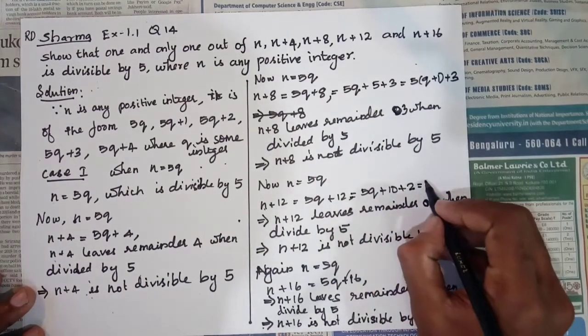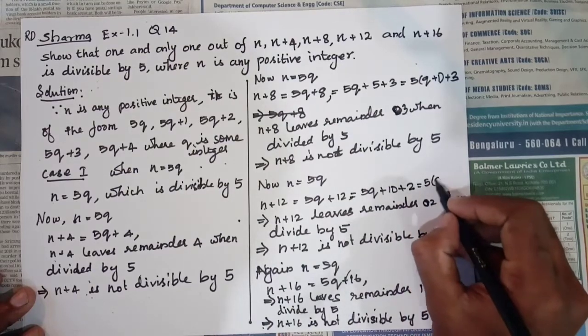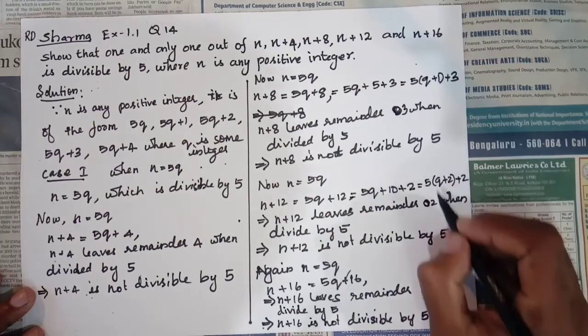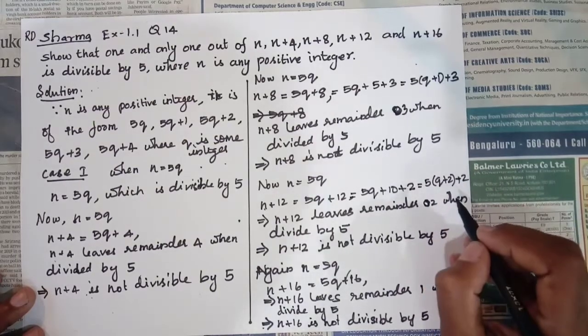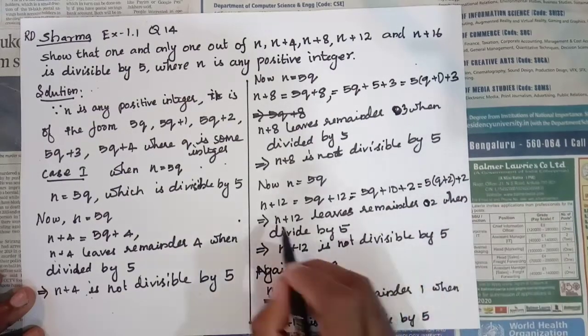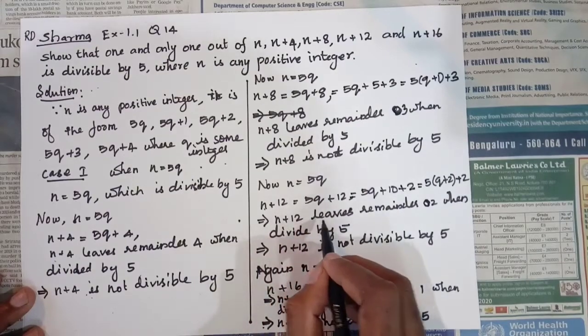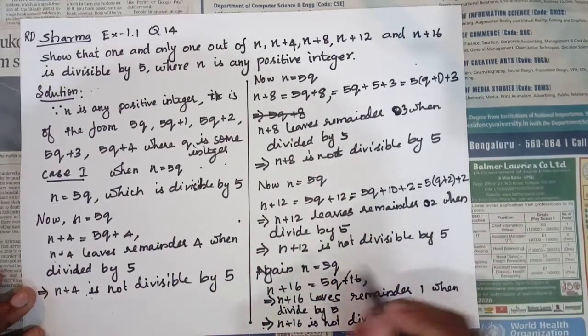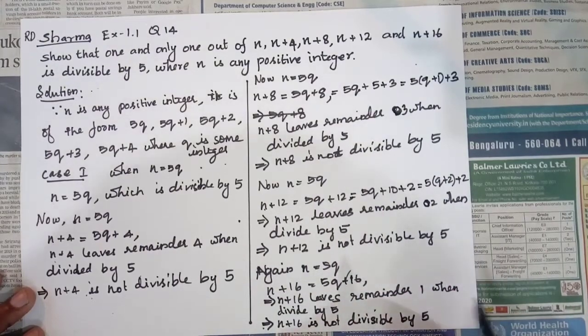Further, taking 5 common, it is 5 into q plus 2, plus 2. Now the remainder is 2. So n plus 12 leaves remainder 2 when divided by 5, so it is not divisible by 5.